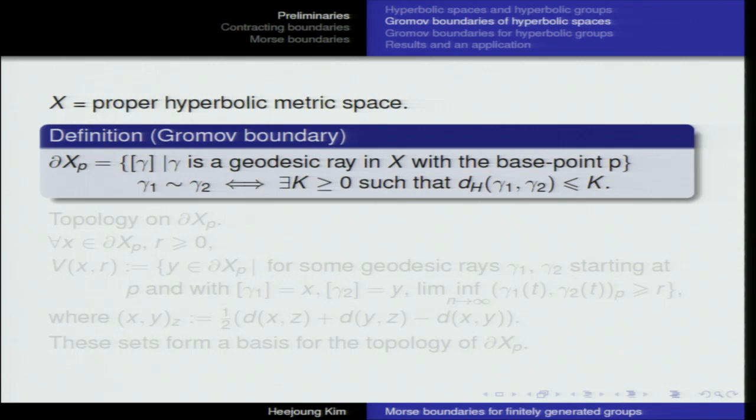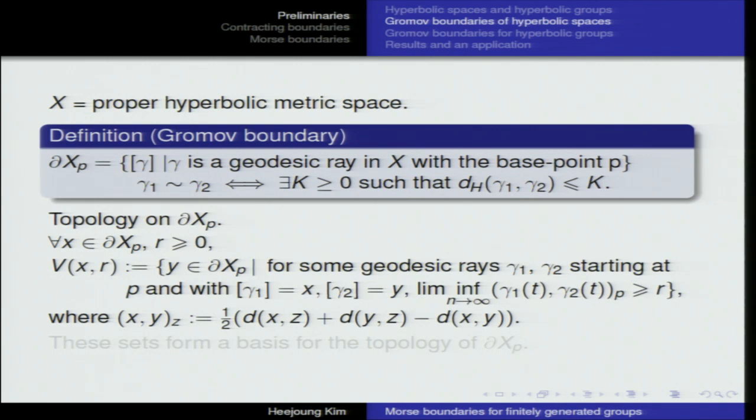So as I said, the Gromov boundary is defined by this, and it has the following topology. So for any point x on the boundary and non-negative constant r, we can define V(x, r).